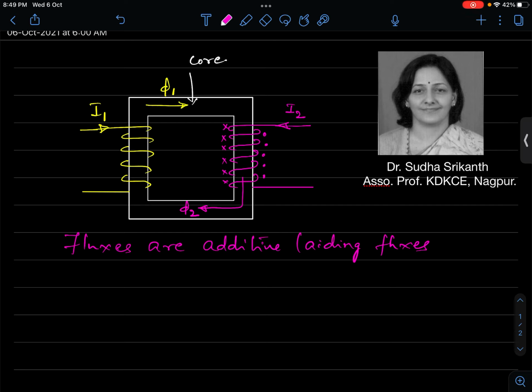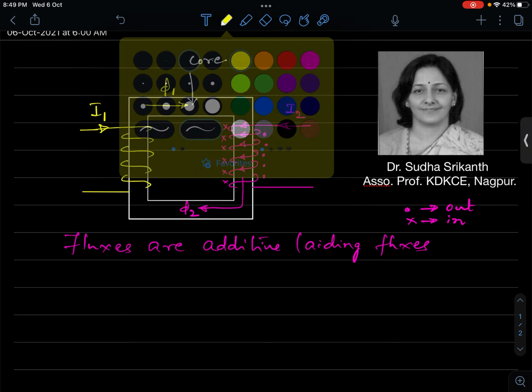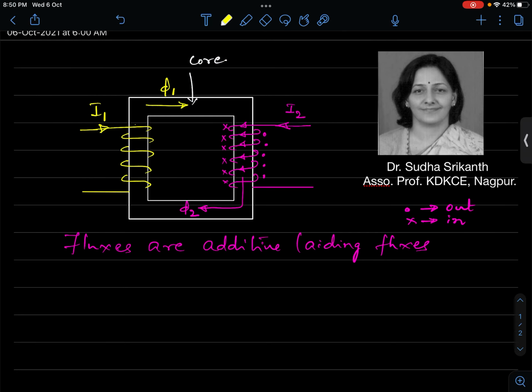Either way it's all right. We can show the direction of current flow this way in the coil, or by dots and crosses. Dots mean current coming out, crosses mean current getting in. So this is another convention we have. Whatever convention we take, it means the same.